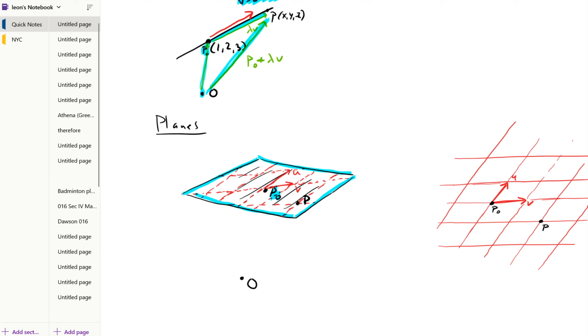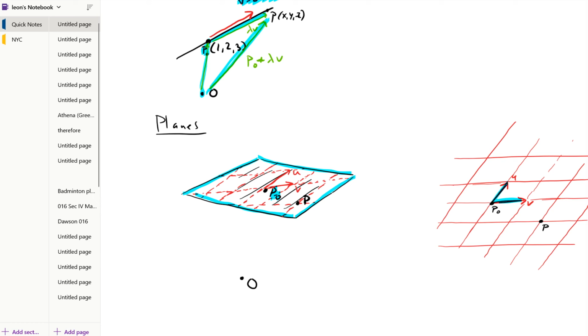Now for making this even easier to see, what I've done on the right here is draw this mesh on the screen. So imagine the plane now is the screen. So I've got two vectors u and v, and for convenience we place them so that they both start at p0, which would be some given point on the plane.